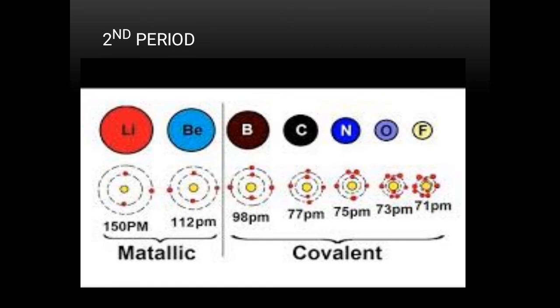As I move in the second period, the first element is lithium. When we study elements belonging to the same period, the electrons are added in the same electronic shell. So in the electronic configuration of lithium, the outermost shell has just one electron, but in beryllium, 2 electrons are added. It is not only the 2 electrons, one more proton is added in the nucleus.